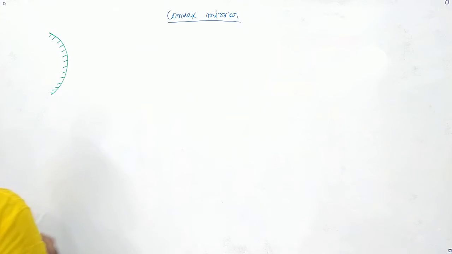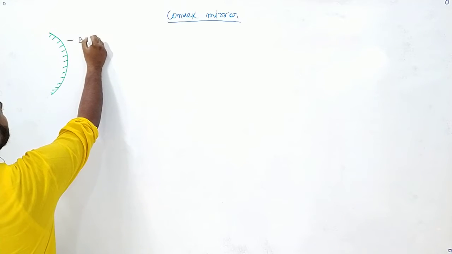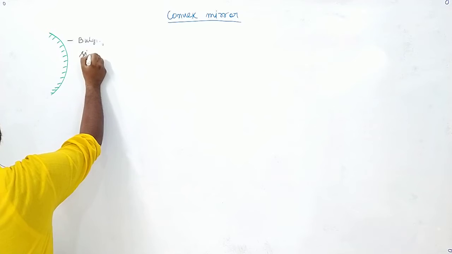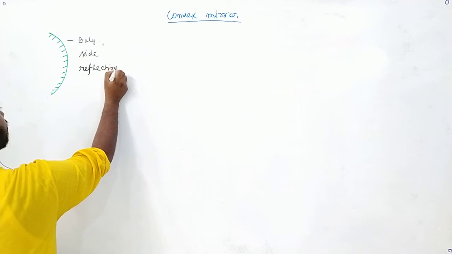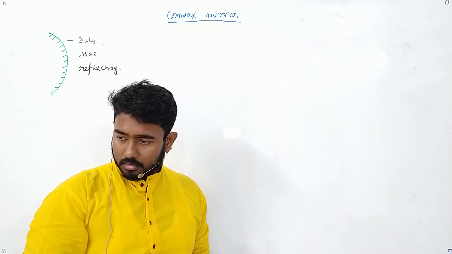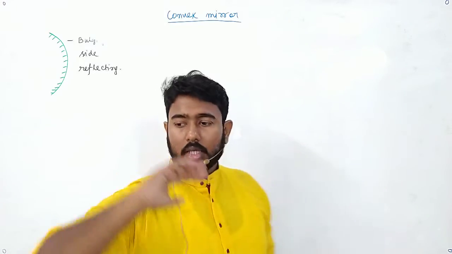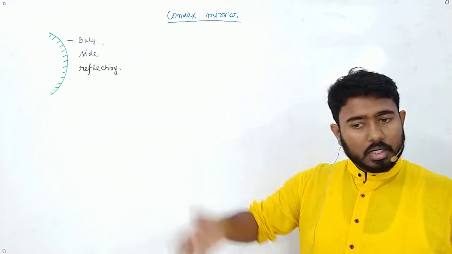As we know, it has the outer side reflecting. We can also call it the bulging side reflecting. What do we mean by bulging? The side that is bulged out. The bulging side is reflecting, right?